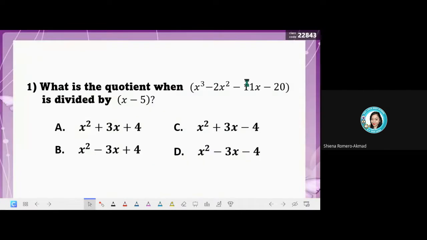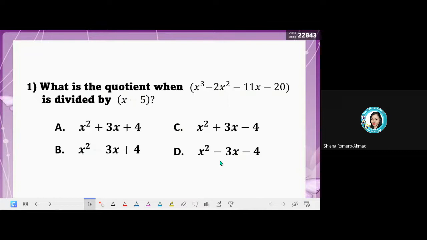So, let me read first yung mga questions regarding this topic. And I am sure na hindi niyo pa siya alam, kaya hindi ko pipilitin na pasagot sa inyo. Okay? So, we have number 1.